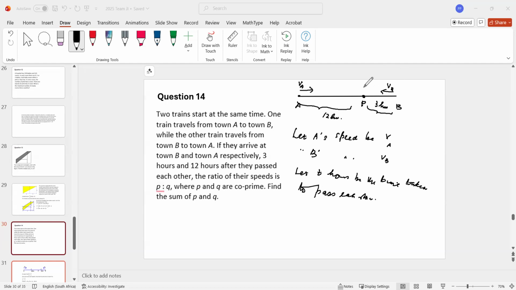Okay, so now remember, this VA, it goes on towards B, and VB goes on to that. So B takes 12 hours. Right? Its speed is V. The time it takes is 12.